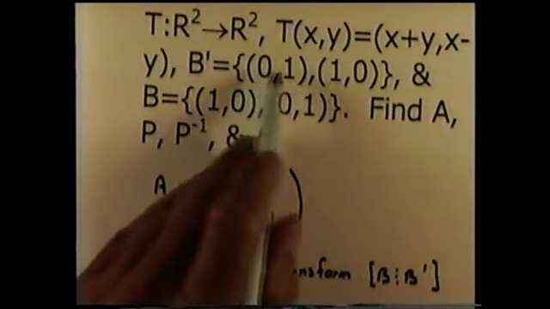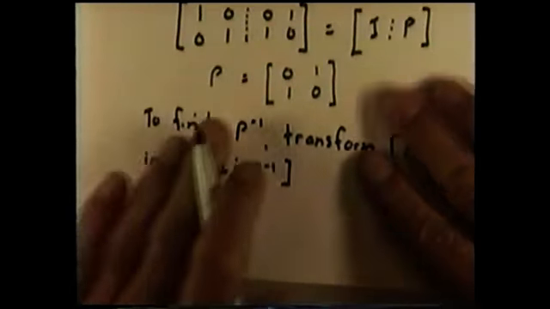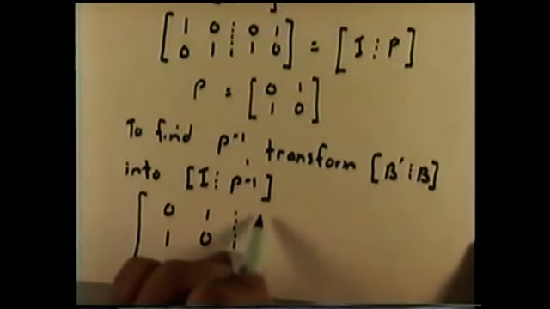So B prime is going to be 0, 1, 1, 0. B is 1, 0, 0, 1. And I want to transform this into I and P inverse. Well, to transform this into I, all I need to do is interchange the rows.